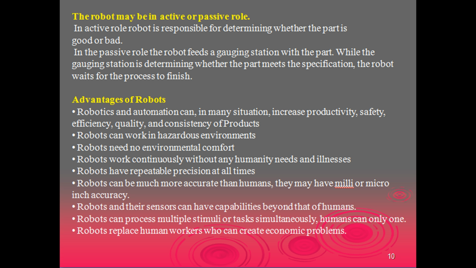Fourth, robots work continuously without any human needs and illness. Next, robots have repeatable precision at all times. Next, robots can be much more accurate than humans. They may have milli or micro-inch accuracy.